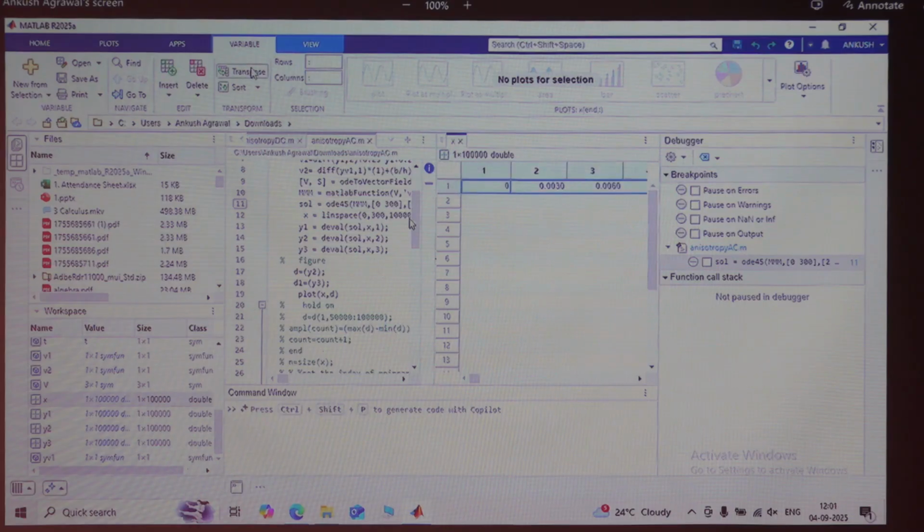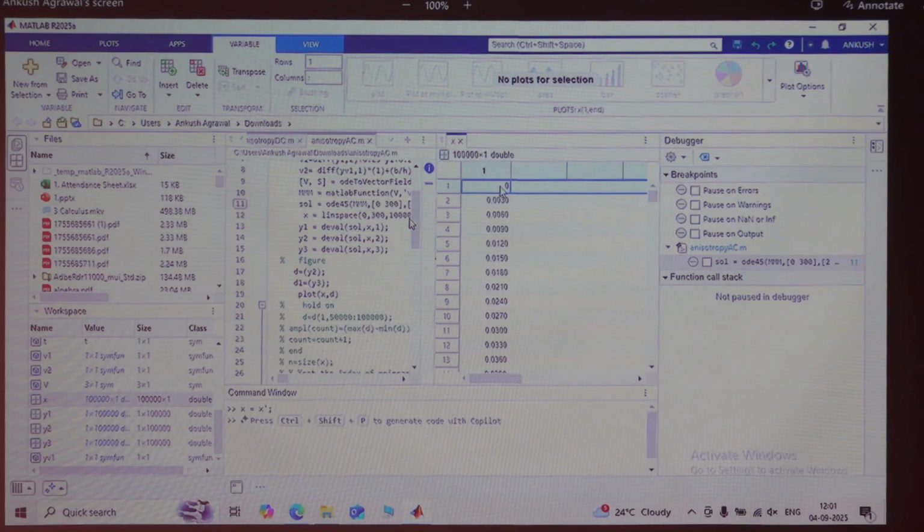You are going from 0 to 300, but following 10,000 sub-steps. When you divide 300 by 10,000, you will get a particular value. So 0, that particular value, 0.03, then 0.06, 0.09, then you reach 300. Getting my point? So X is linspace means linearly spaced. Linearly your variation will be there. Okay?